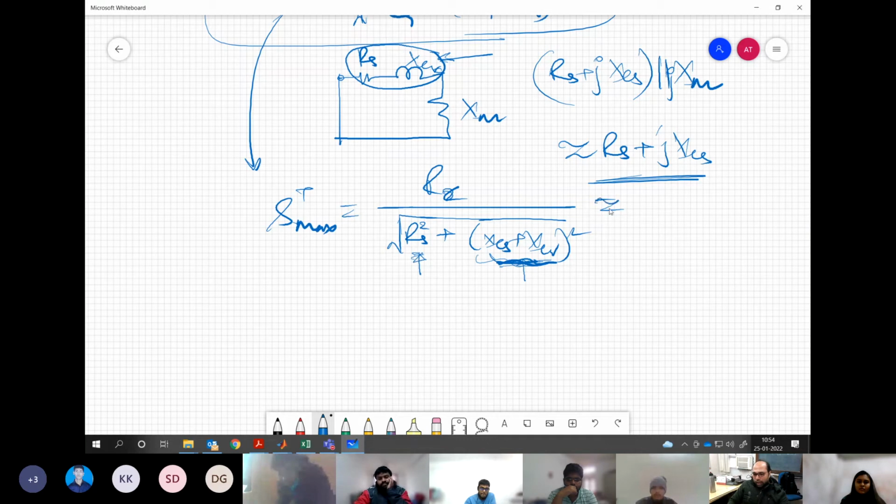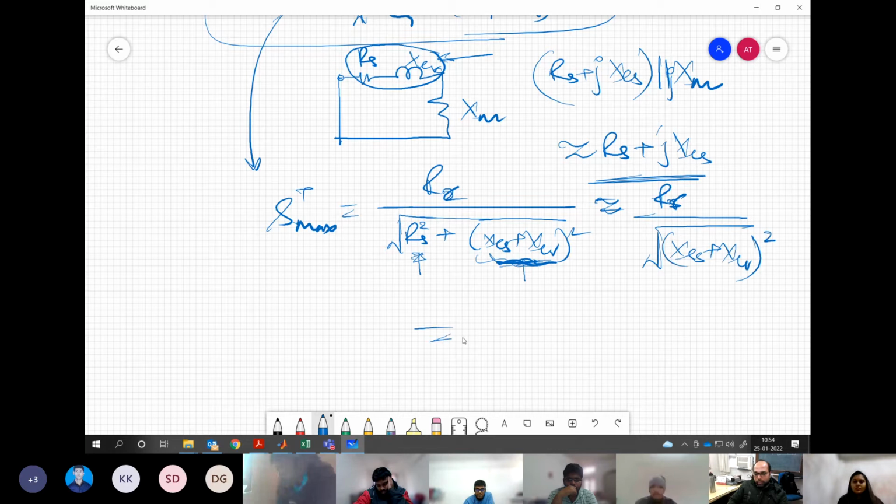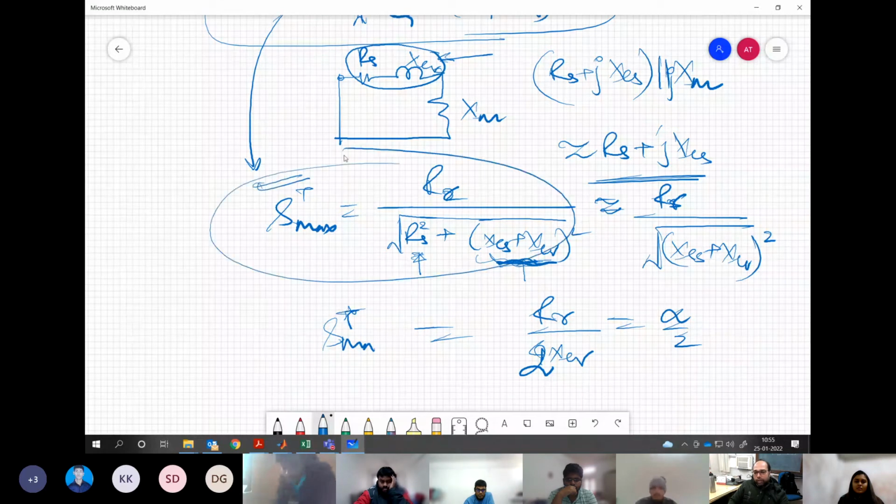So again, we can approximate this as square, and which is nothing but what we have said. Sorry, this becomes 2. So which is basically alpha by 2, our factor. So even with the accurate expression and all these things, we are not very far. You understand the point?